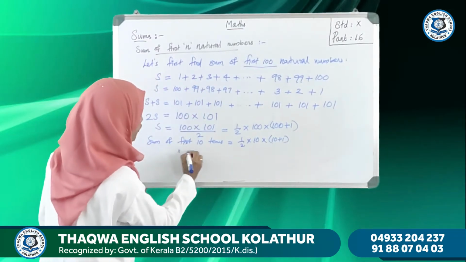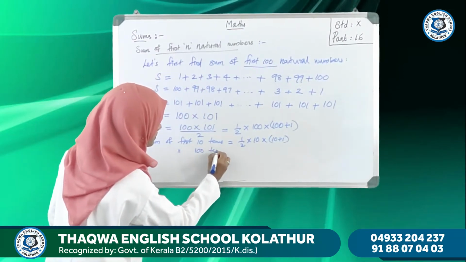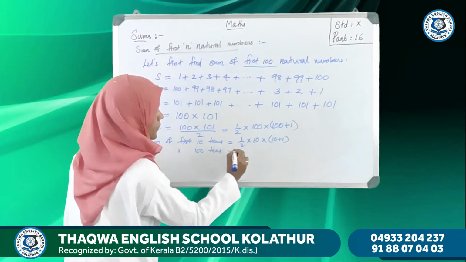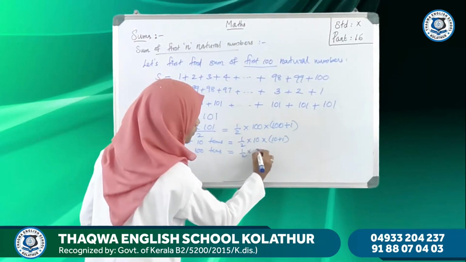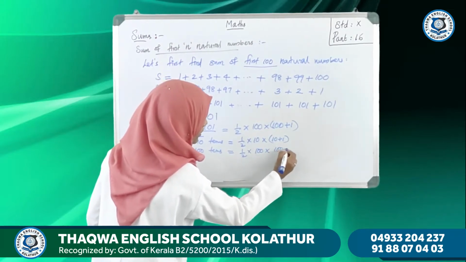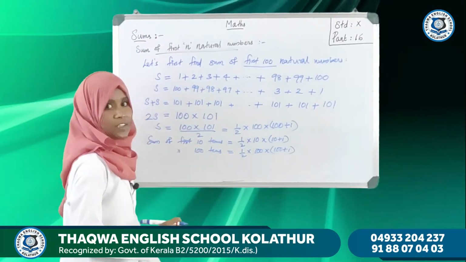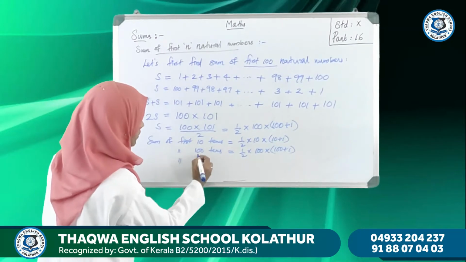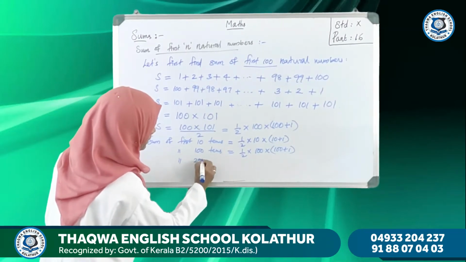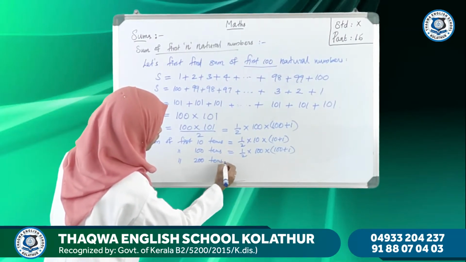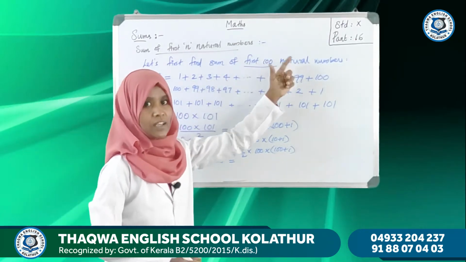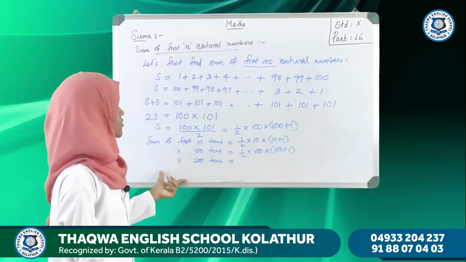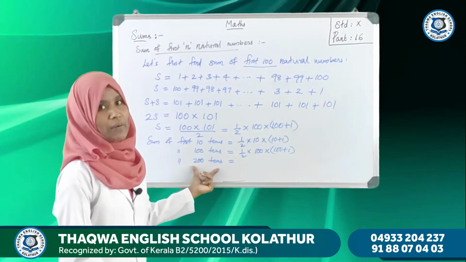Sum of the first 100 terms: half into 100 into 100 plus 1. Next, the sum of the first 200 natural numbers.